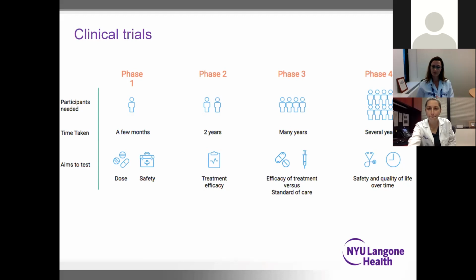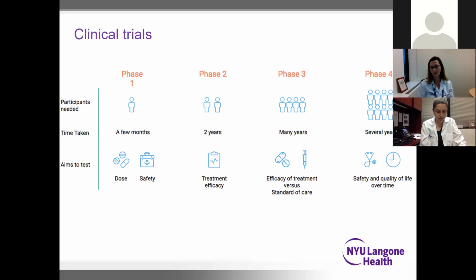Phase 3 trials are bigger studies, so they include more patients. This is usually when we've already found a medication or a combination that we think has a lot of promise, and are now expanding that to more women. Typically these studies compare what you would get as treatment if you weren't on a clinical trial versus a new combination or novel therapy.